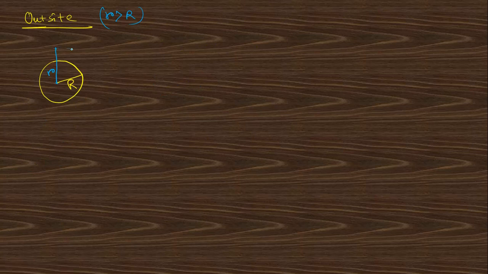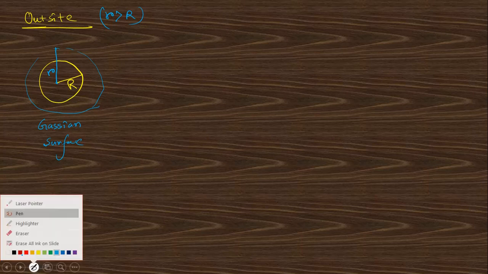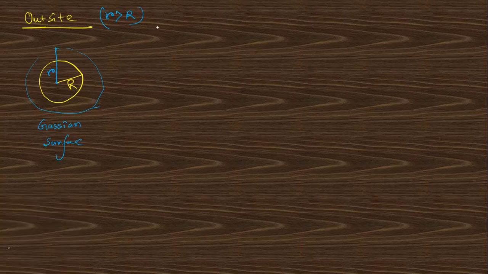So if you draw this Gaussian surface, this is a Gaussian surface. So you can write down the Gauss theorem: E dot ds equals q enclosed by epsilon naught.